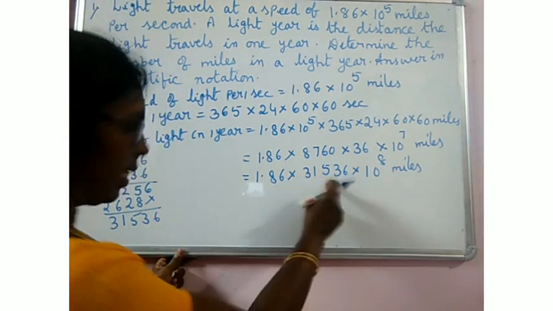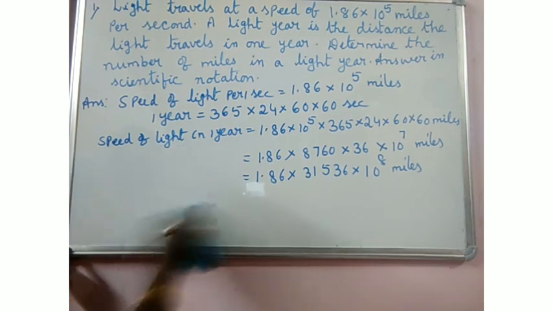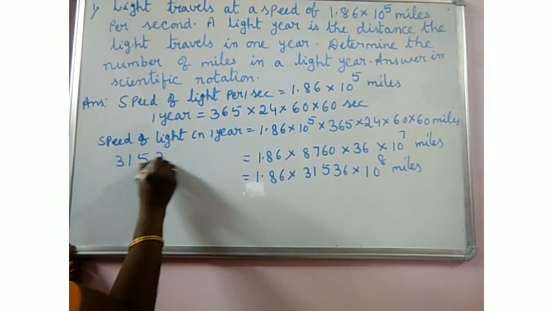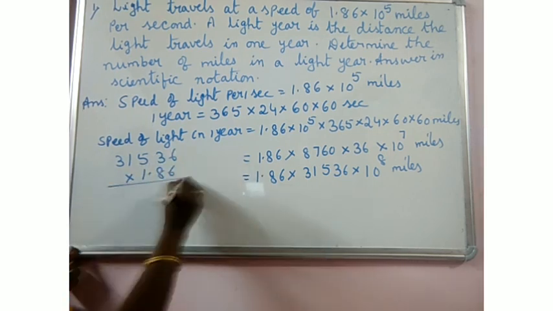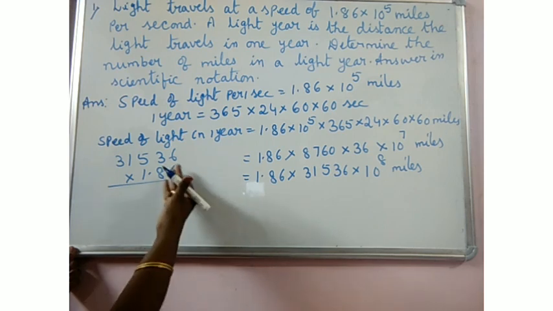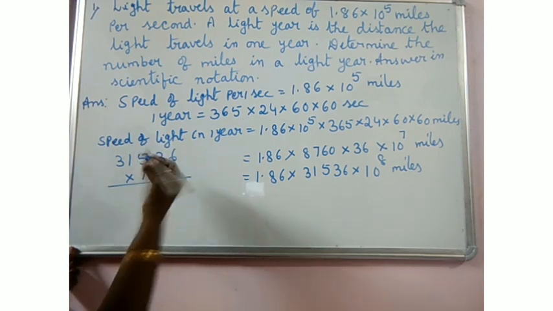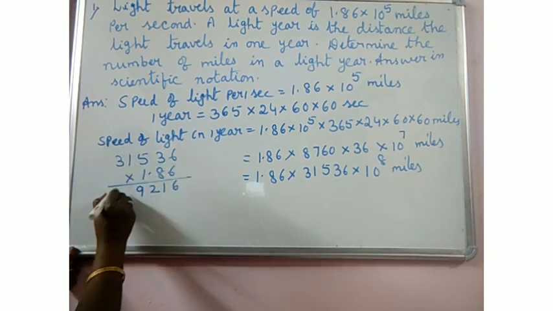Now let us multiply these two: 31536 into 1.86. The point is there. 6 sixes are 36, 3 carrying. 6 threes are 18 plus 3 is 21, 2 carrying. 6 fives are 30 plus 2 is 32, 3 carrying. 6 ones are 6 plus 3 is 9, 6 threes are 18.